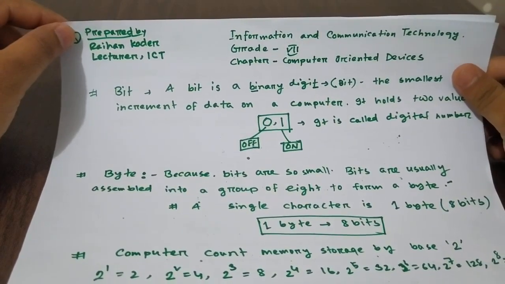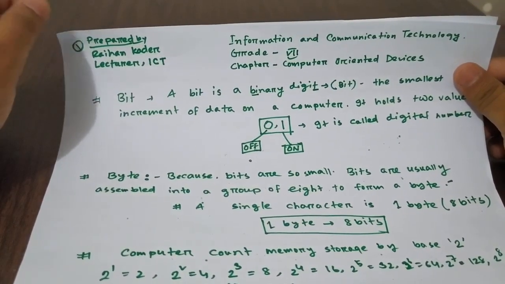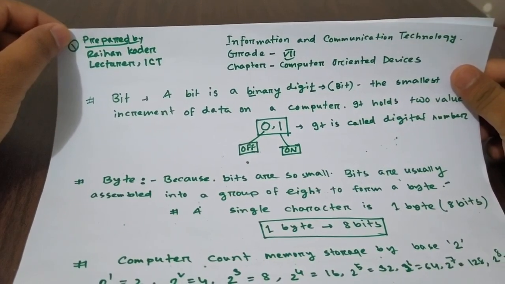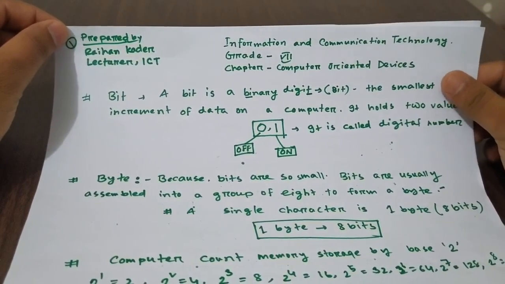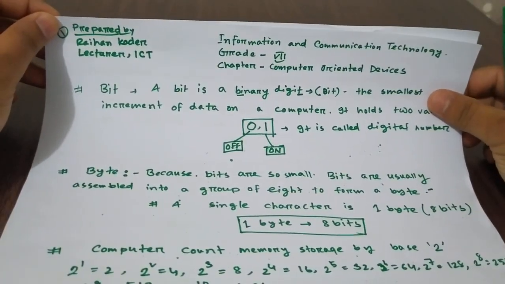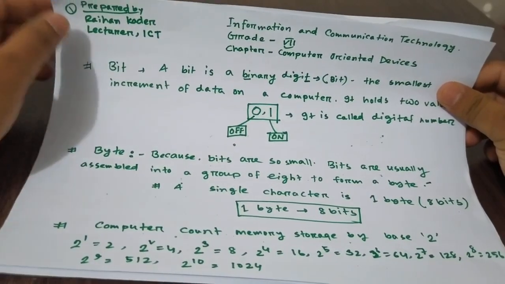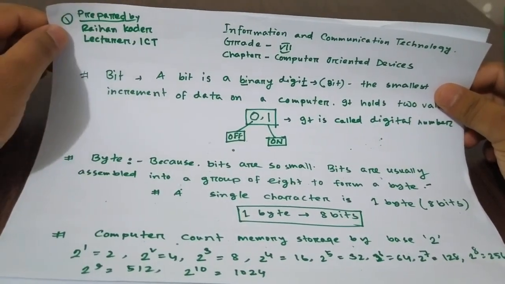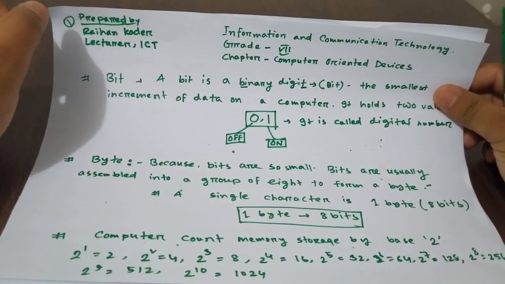I have already discussed in your class how a computer works, and I have already given you some sheets about this one, so I'm just recapping again. A computer has some inputs, then it comes into the process. After processing, it comes into the output. That is the process of a computer.